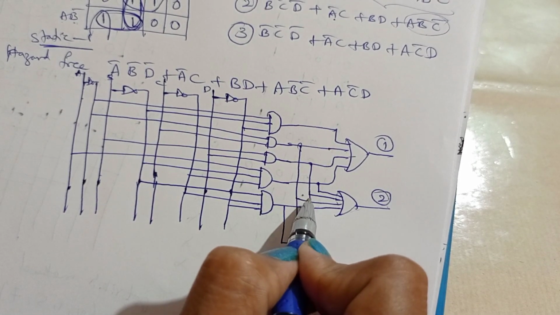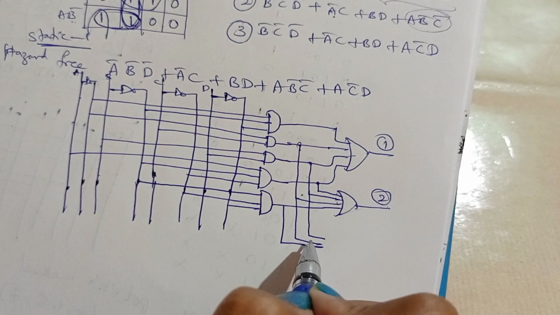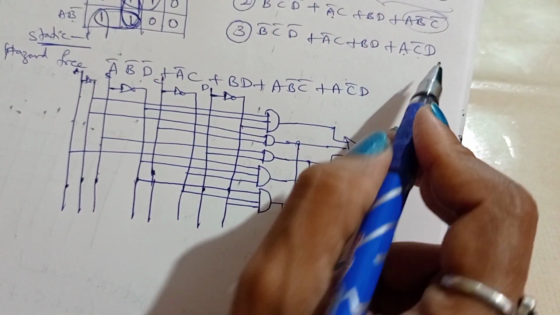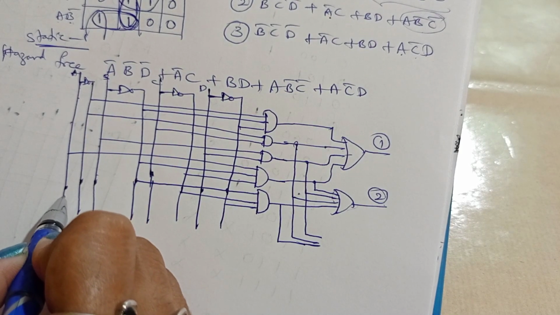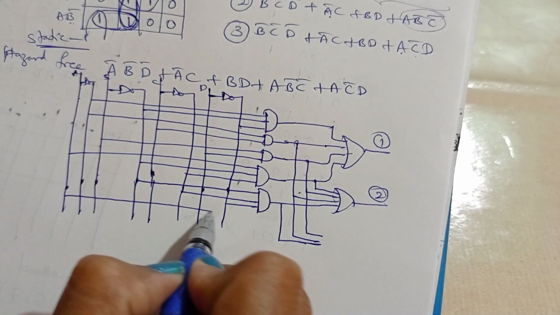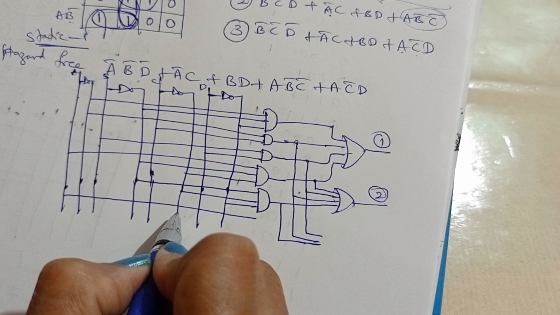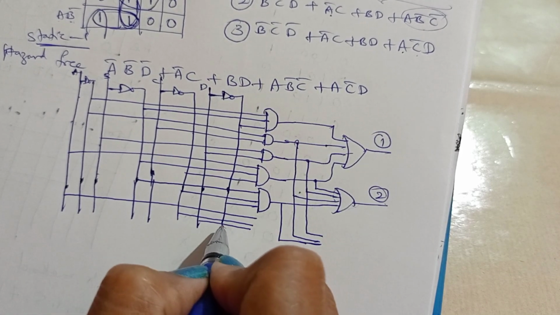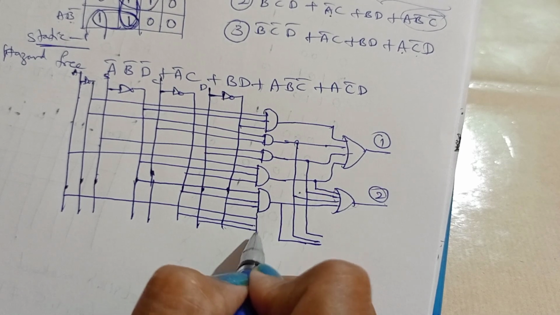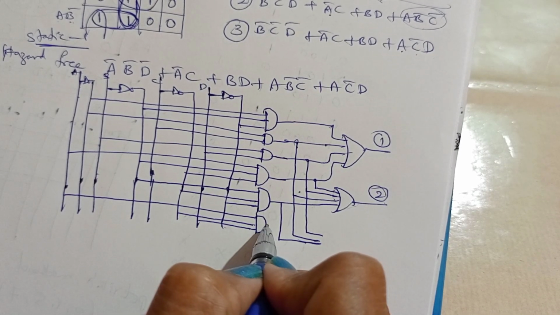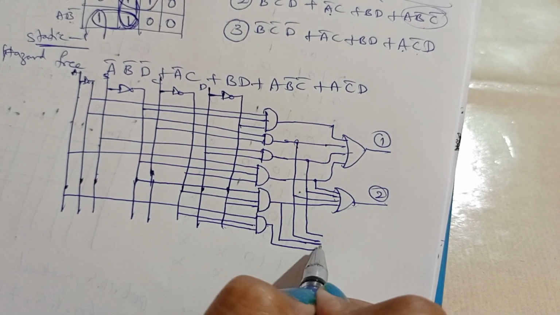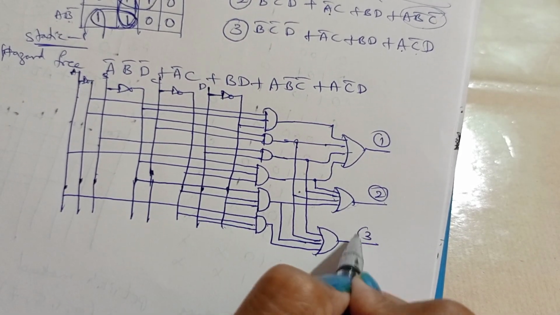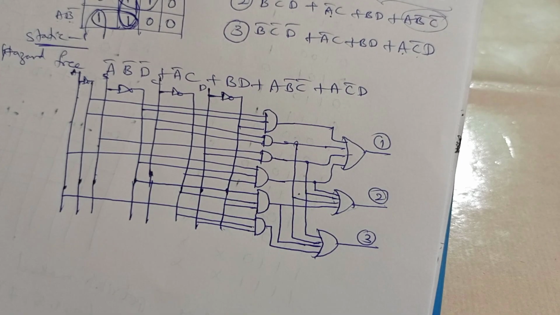Next, B D. One more we need to design is A C bar D. So take one more circuit, A C bar D. Connect to AND gate and connect it to OR. This becomes the third static hazard circuit.